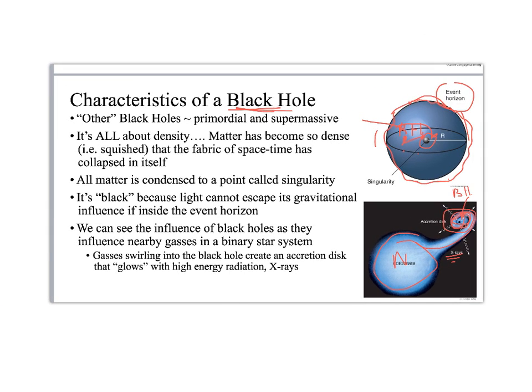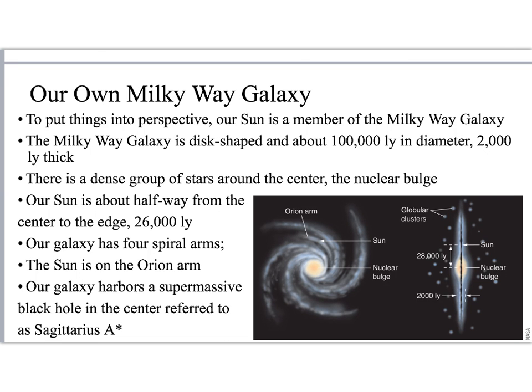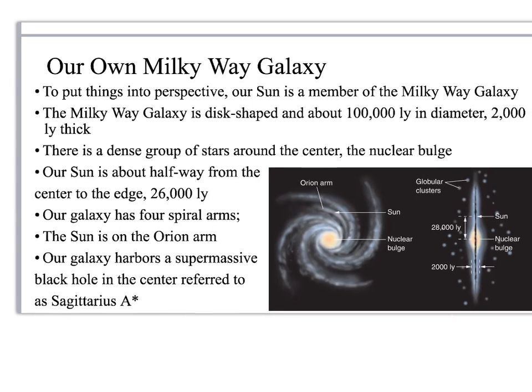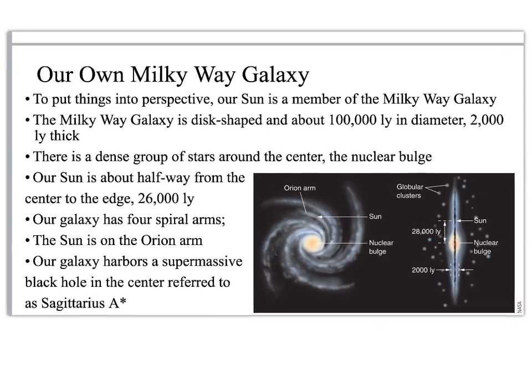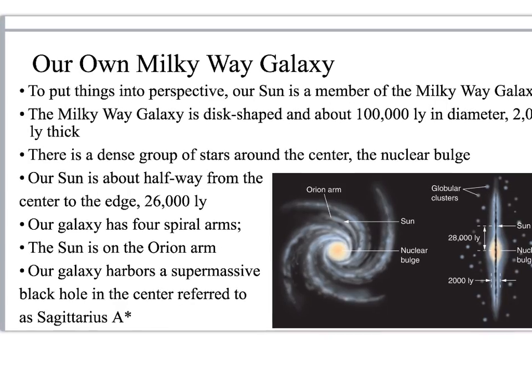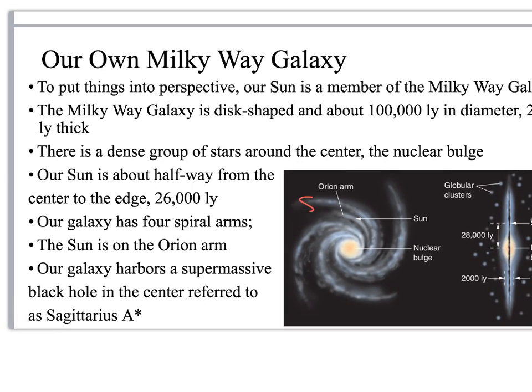All right, so on to the last part. I've got 3 things listed on your review sheet. One of the things I might ask you a question or two about, or maybe even for you budding artists out there to draw, is the structure of our Milky Way galaxy. Our galaxy is a spiral galaxy. I'll go ahead and put spiral because it's probably coming up later.